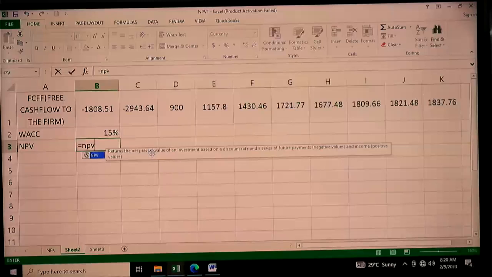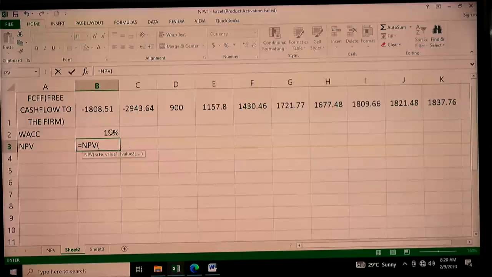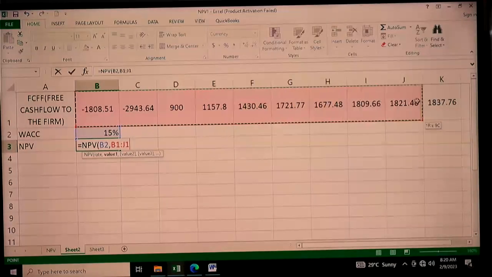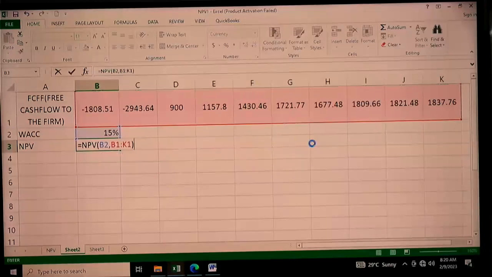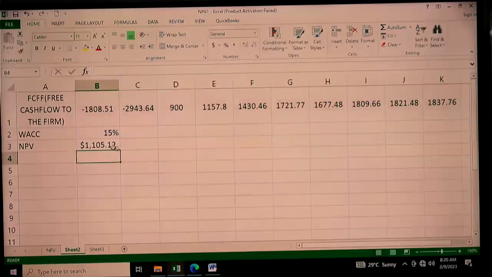So you have been given the future payments, 2 of them, and a series of income. Then the discount, then the net present value will work here. Because then you select the rate, put a comma, you select the series of payments, and then you close the bracket, and this one will give you the net present value for that investment.